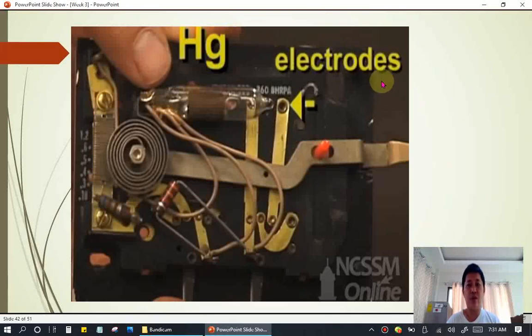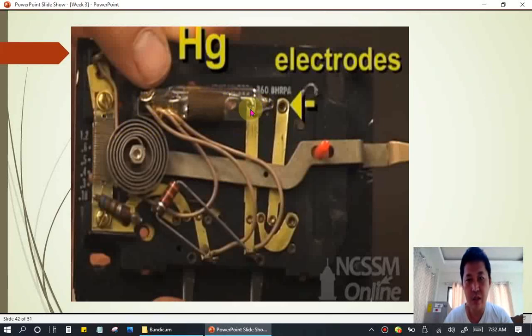So it sends signals here to your mercury, and then it expands on your bimetallic strips and moves the linkage of the thermostat, because there is a mechanical linkage here, and this one will move also.